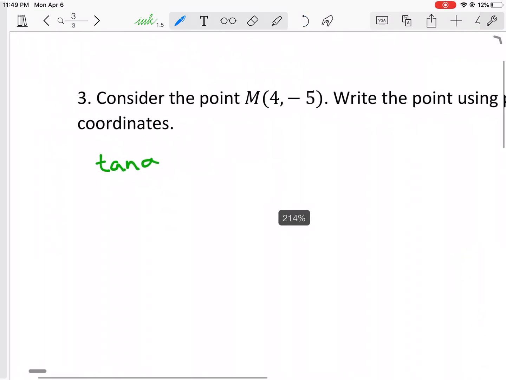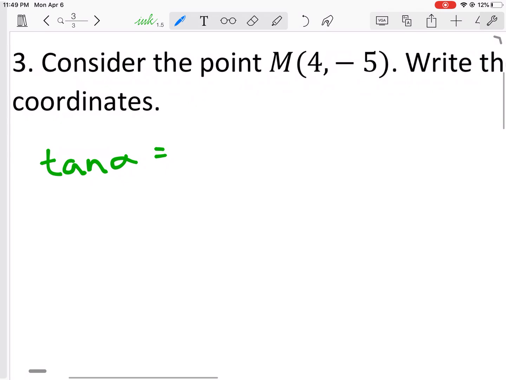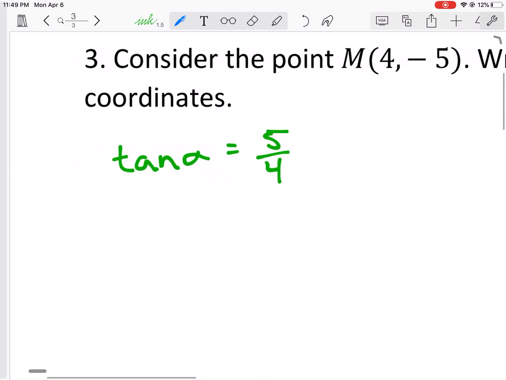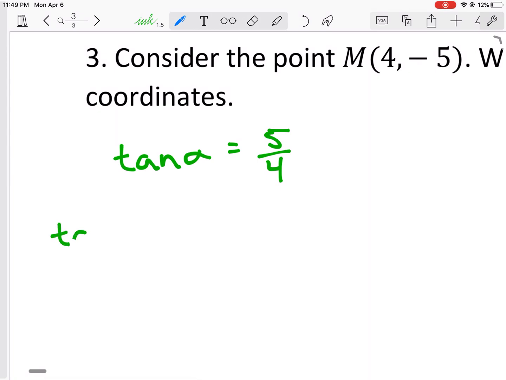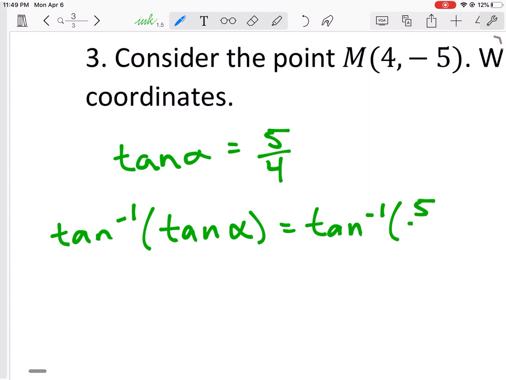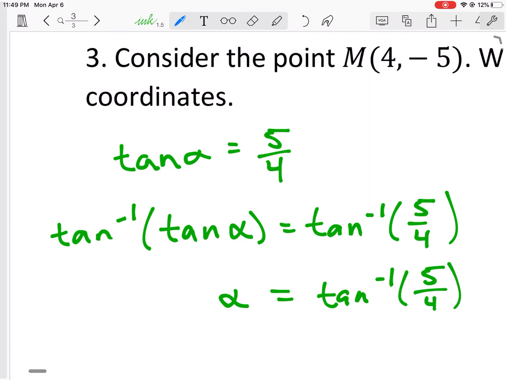So we have this ratio, 5/4. Solving again, we can use the inverse tangent function on both sides of the equation. Isolating alpha, and we get tangent inverse of 5/4.